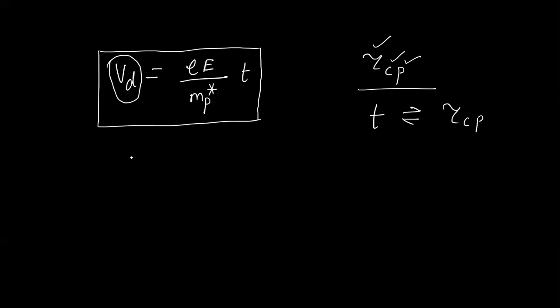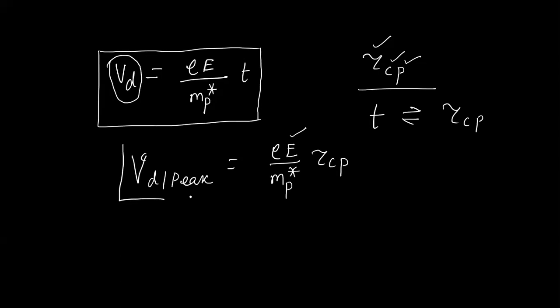We can call it the peak drift velocity, or the maximum velocity. That's the maximum velocity, which we can write as e times E, capital E, the applied electric field, divided by mp star, which is our effective mass of the hole, multiplied by tau Cp.